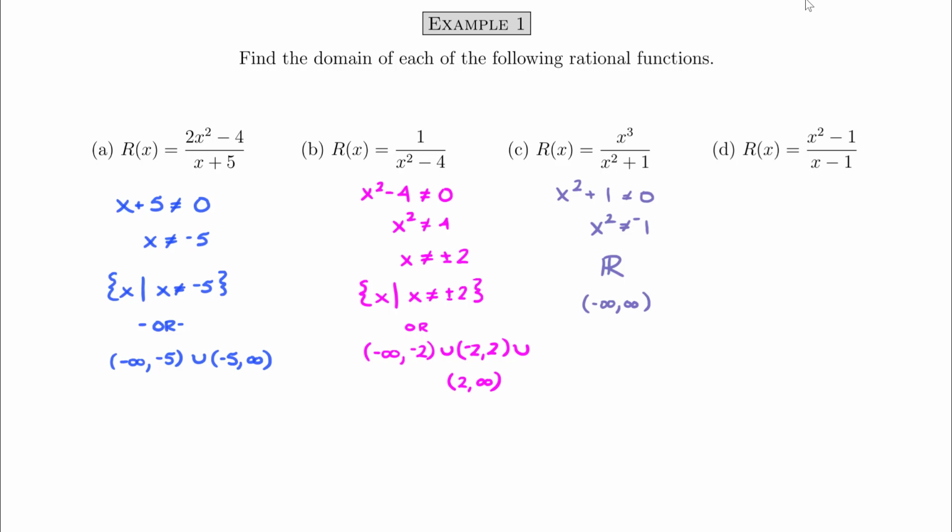And then finally for part D, we take the denominator, not equal to 0, solve for x, and we get x cannot be 1. So in set notation, x cannot be 1. Or we can simply say that it is negative infinity to 1, union 1 to infinity. And that's how you find the domain of a rational function.